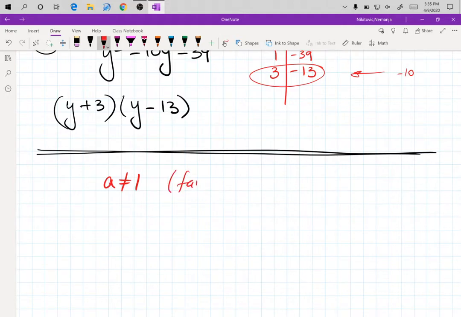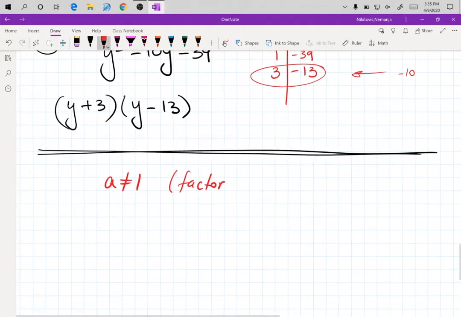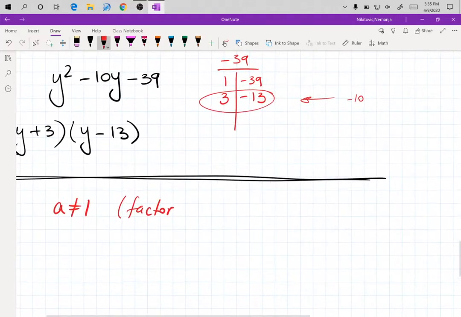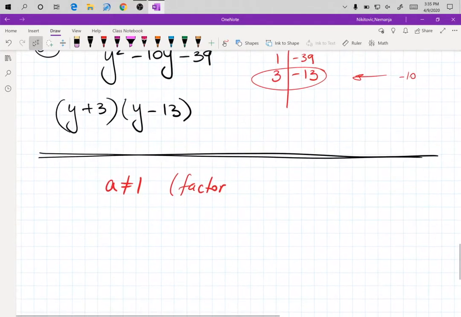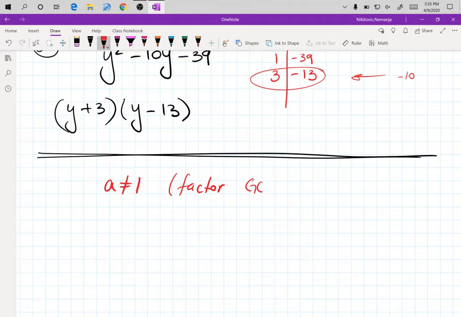And then I say factor greatest common first, then you do not. So this is from 6.1. Here's an example.